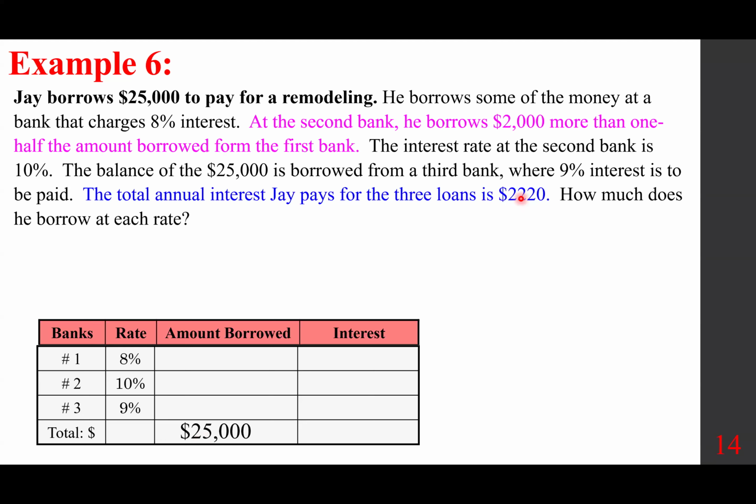The total amount of interest, and the amounts are x, y, z, by the way. We don't know how much we got, but we have the first equation: x plus y plus z is equal to 25,000.